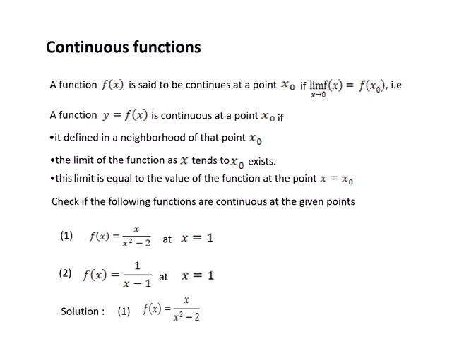So f of x is equal to x over x squared minus 2 at x equal to 1. Then the other question, which is number 2, f of x is equal to 1 over x minus 1 at x equal to 1.